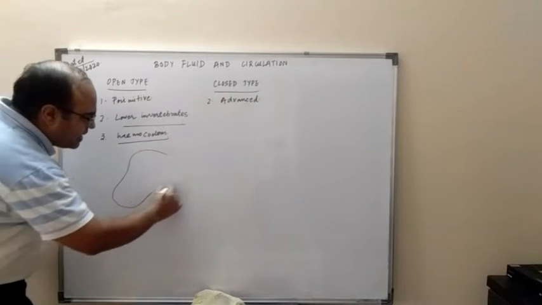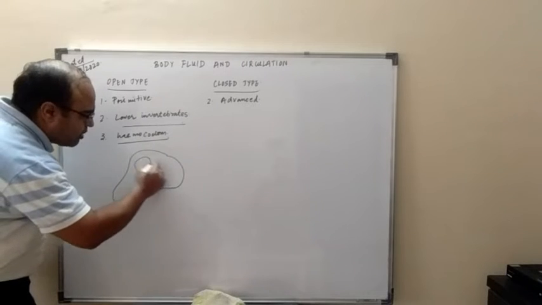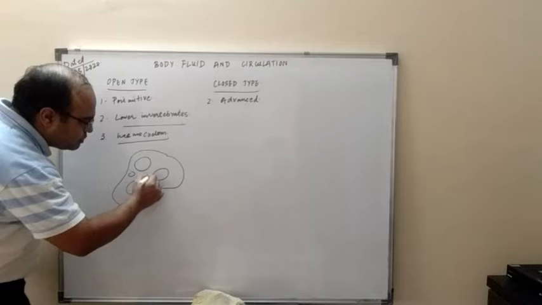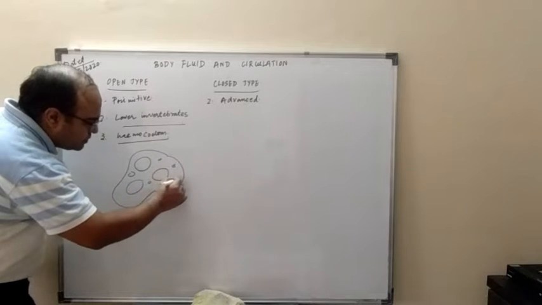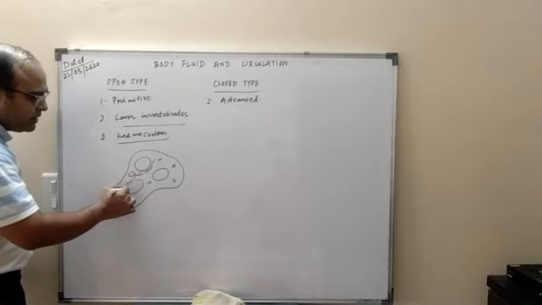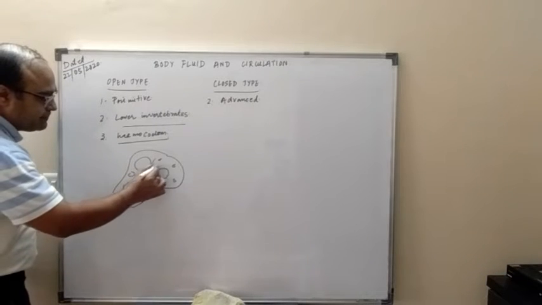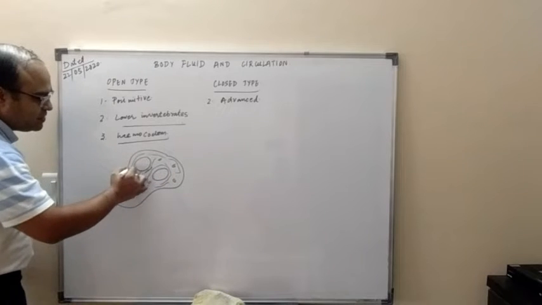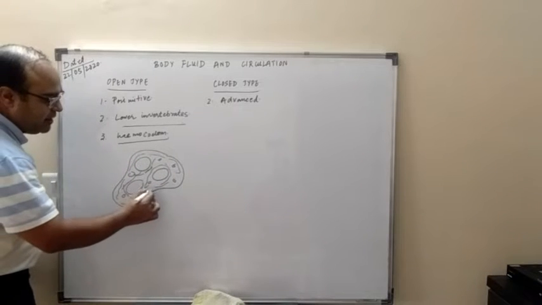See, I'll draw a diagram and show you. Likewise, these are organs. Assume these are smaller organs. Okay, and the hemocoelom is all around them. Okay, so this is the fluid which fills the coelomic cavity.